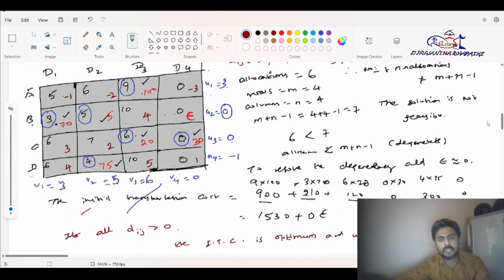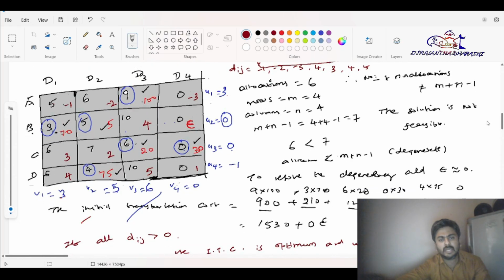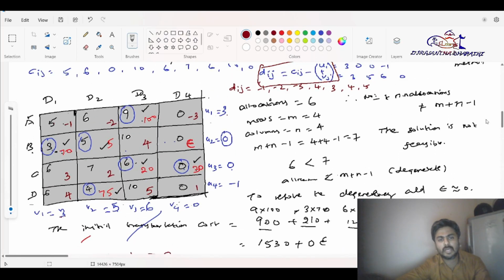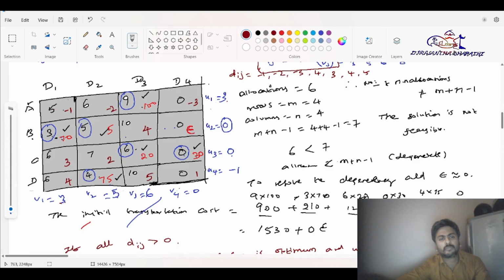After putting epsilon, you can see some dij values. At these dij values you are going to check whether it is optimum or not. Actually, you are finding the cost here, right? The cost here is 1530 plus 0 epsilon.